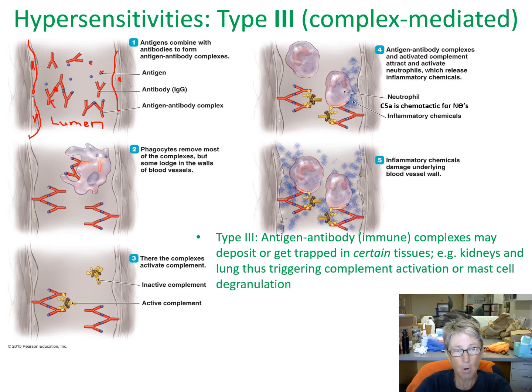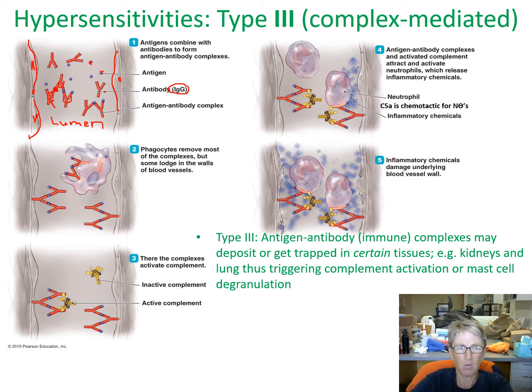So this purple antigen is actually hooking up one, two, three antibodies. And the antibody in this case, in a type 3 reaction, the antibody of interest is IgG.